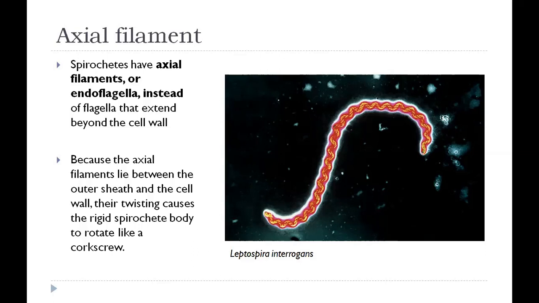This flagella is present below the outer sheath, and that is why it is known as endoflagella. This particular arrangement of flagella around the bacterial body gives the spirochetes that typical corkscrew shape. So it is common in the species of spirochetes.